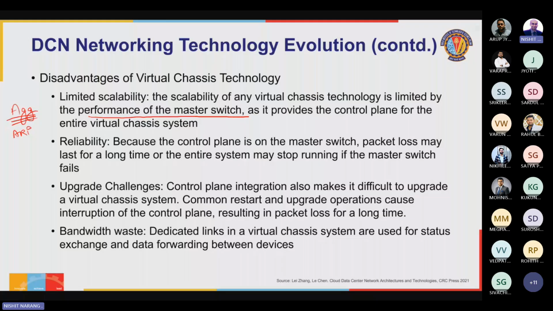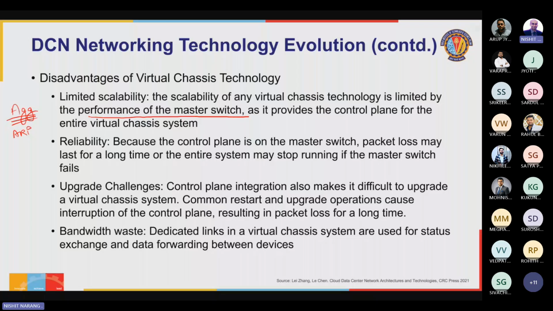Now we are saying that instead of two aggregation switches handling the ARP load, the entire load has now come down to one control plane which resides in the master switch. So it's even further increasing the workload on one control plane of one of the aggregation switches, thereby doing what? Limiting the scalability of the data center network.